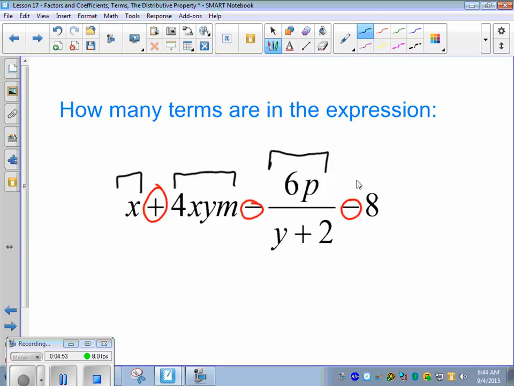And then we have this final 8 right here. But this plus 2 on the bottom does not make 3 different terms, it's all scrunched together and attached by this division. Okay, so they have to have a plus or minus sign with nothing else happening on it to break up this expression. 4 terms.